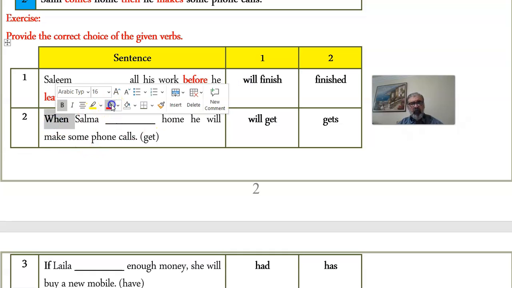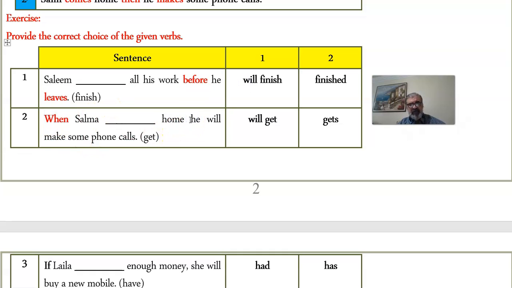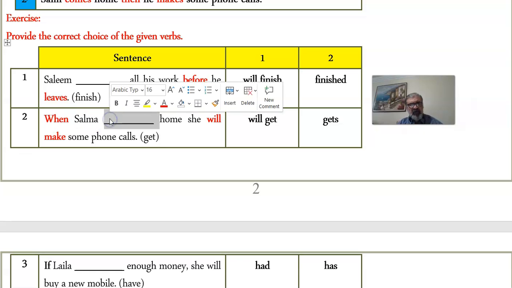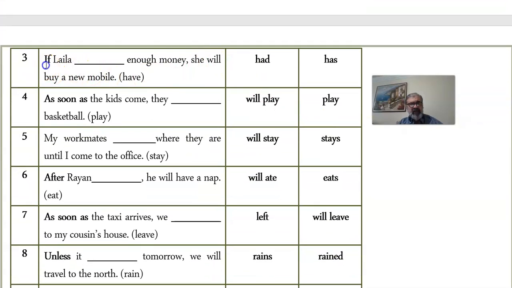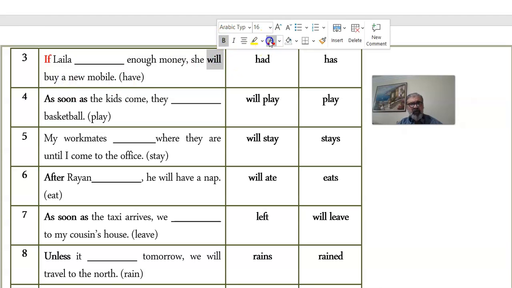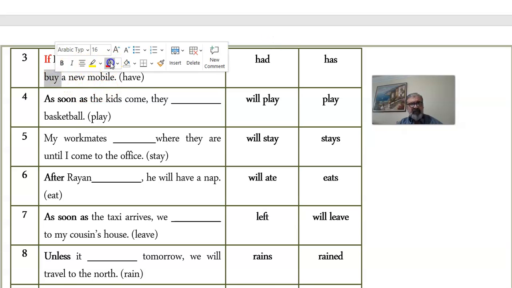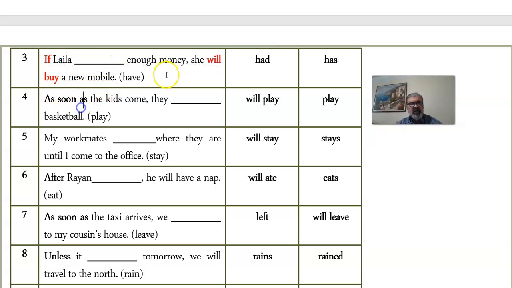Now when Selma gets home, she will make some phone calls. Again, when is used in initial position, it should be followed by the present simple, gets. If Layla has enough money, she will buy a new mobile. This is the future simple, and if is used in initial position, so it should be has.